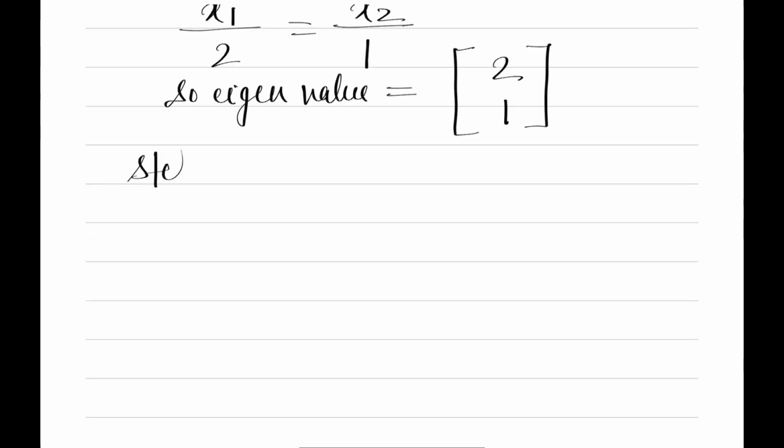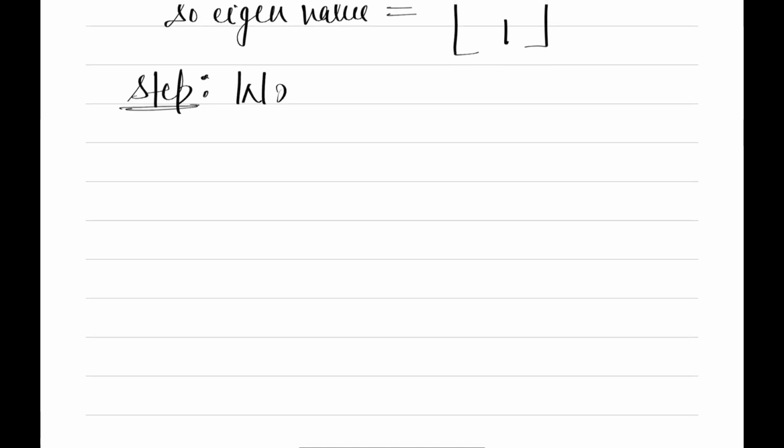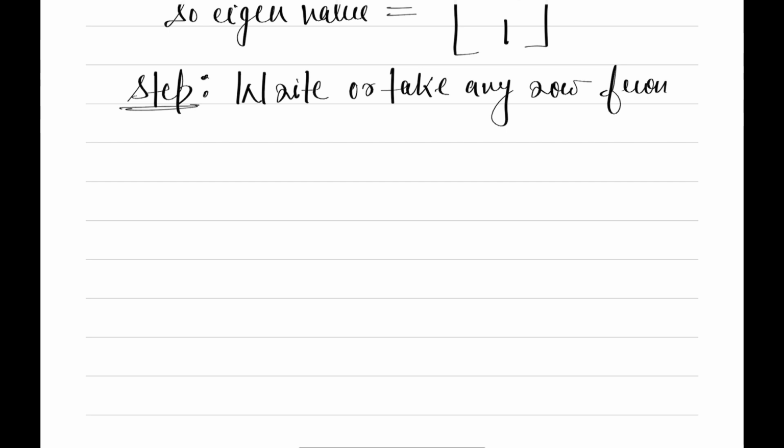So these are the steps we have done right now. Write or take any row from A minus lambda I just after calculating the eigenvalue.